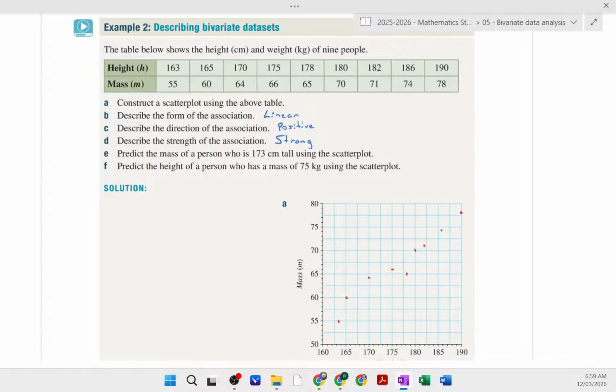All right, the next one is predict the mass of a person who is 173 centimeters tall using the scatter plot. Now, what you want to do is head over to the 173 mark and work your way up.